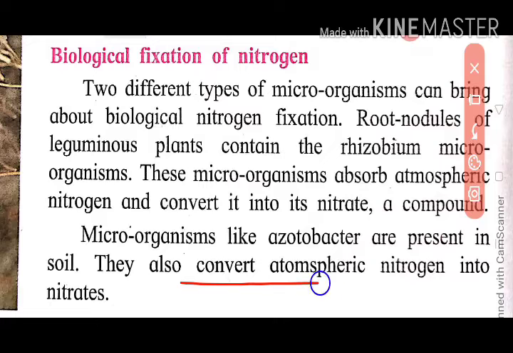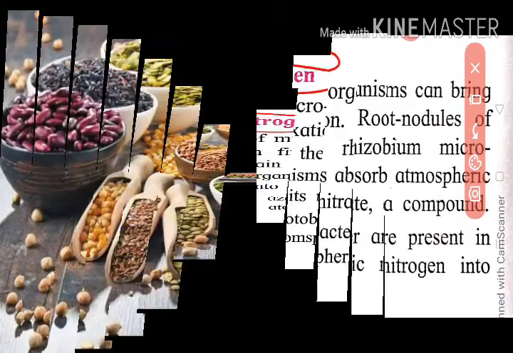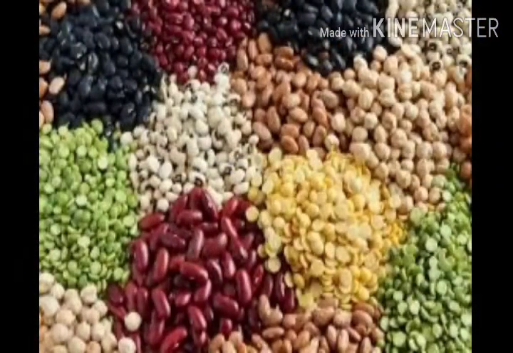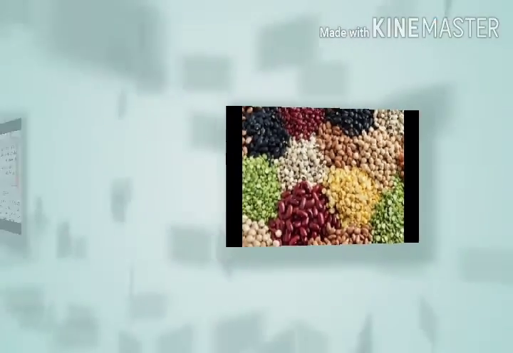They convert atmospheric nitrogen into nitrates. By these two processes, biological nitrogen fixation happens. See the pictures. Their plants are called leguminous plants.